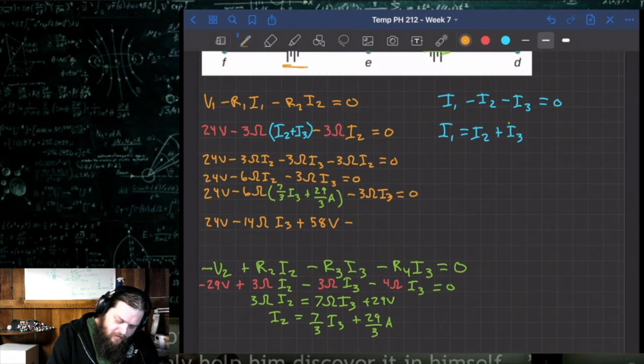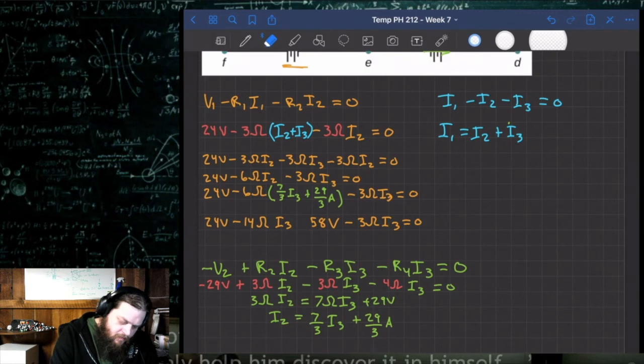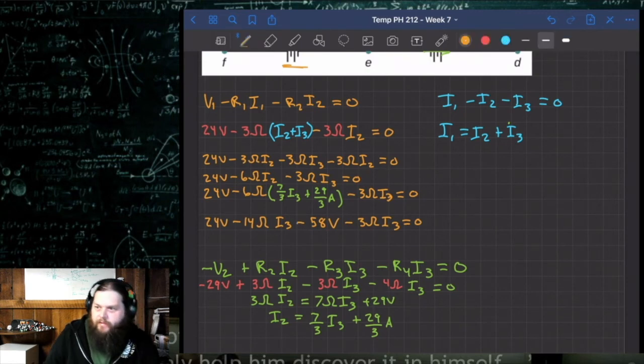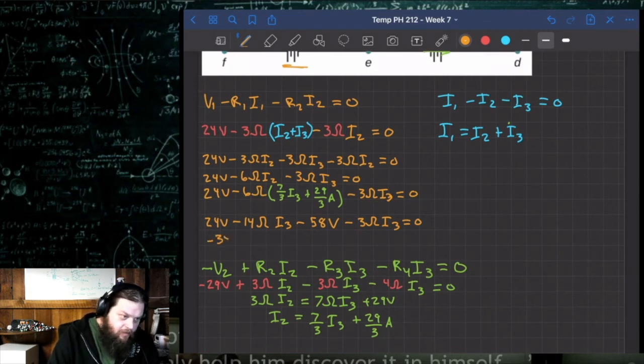And then we're still going to subtract in that 3 ohms I3 equal to 0. Now we just have I3 to solve for. We can combine a few like terms, the 24 and the 58. Oh, this 58 should be negative, because I didn't distribute my negative through. So 24 minus 58 should be a negative 34 volts.